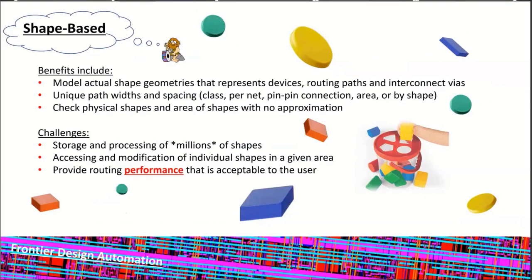You can have unique widths and spacings per class, net, object, shape, and you actually check the physical shapes and the area shapes with no approximation. However, the challenges are storing the millions upon millions of shapes, the accessing of shapes in a given area, and the big thing is performance. If you have to manage all these millions of shapes, how do you do it in a timely manner?